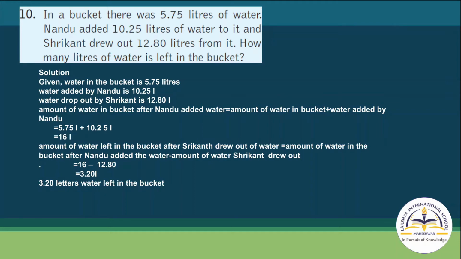Okay, so first we will see the amount of water in the bucket after Nandu added water. 5.75 plus 10.25, so our answer will be 16. Now we will see how much water is drawn out. So 16 minus 12.80, you will get your answer 3.20. So this will be our answer.